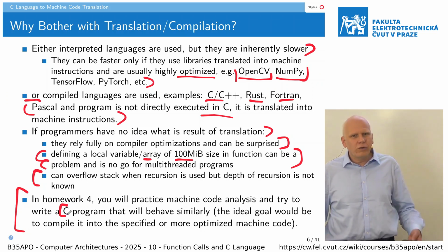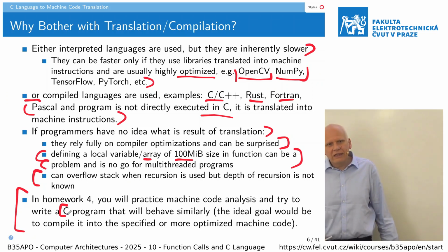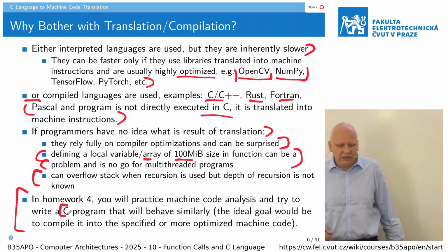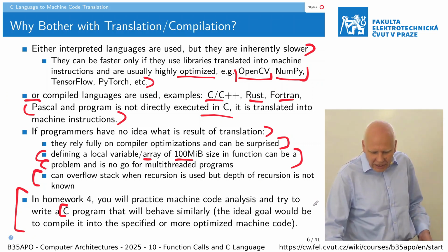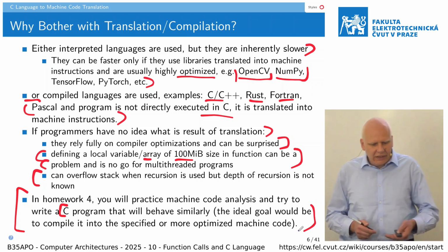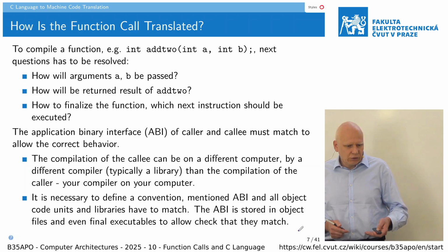And your goal will be to find what the function of the code is and rewrite it in equivalent C code, which will be compiled and compared to behave in an equivalent way to the listing which you get.